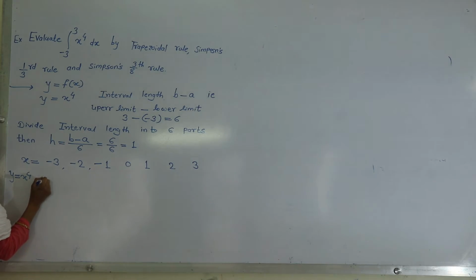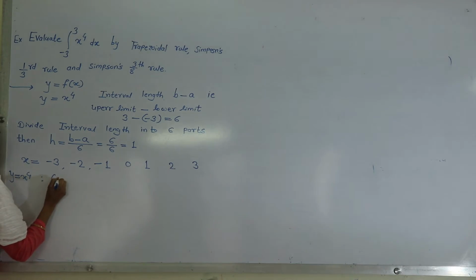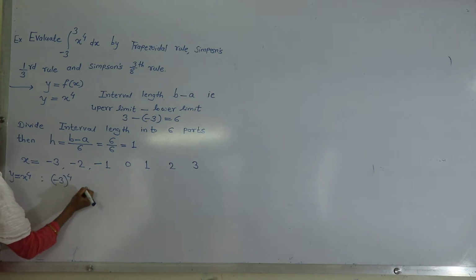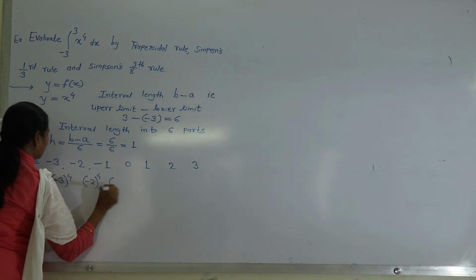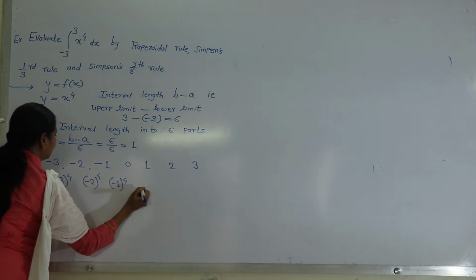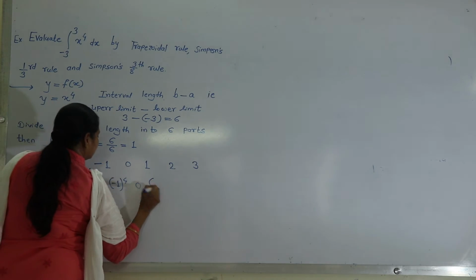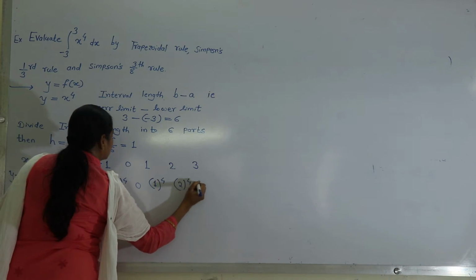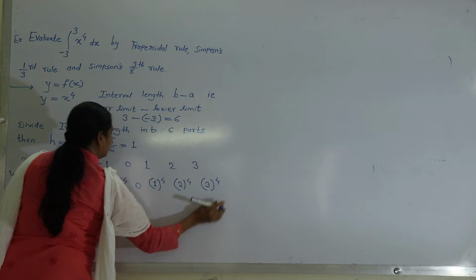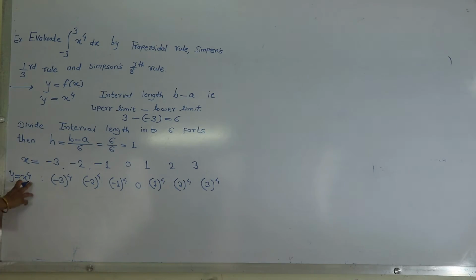Then the values of y mean take x as -3 raised to 4, -2 raised to 4, -1 raised to 4, 0, 1 raised to 4, 2 raised to 4, 3 raised to 4. X raised to 4 means take the x value and its power 4, -3 raised to 4.